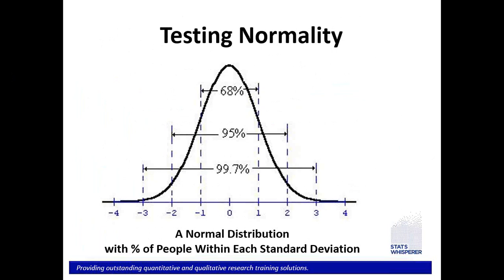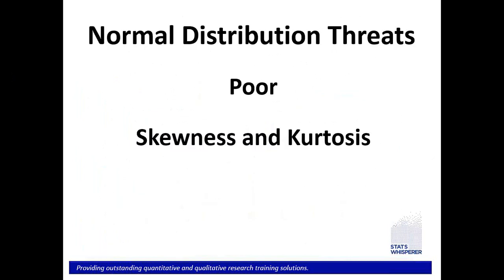Or what if that top was skewed to the left, where people are unhappy, more toward the 1.0 and 2.0 scores? That leads us to non-normality. And if we were to put a name to it, we would call it poor skewness and kurtosis.